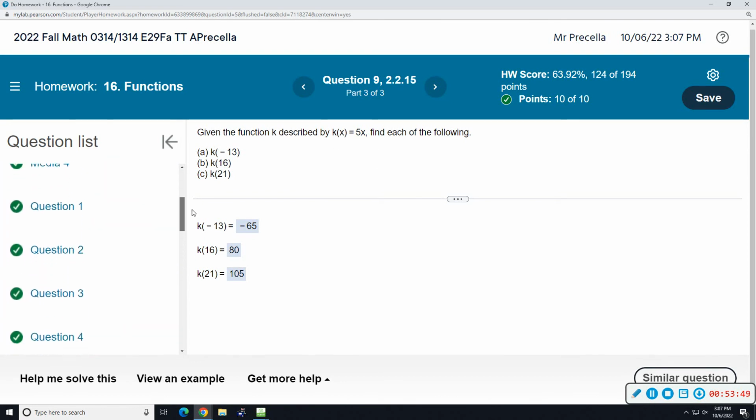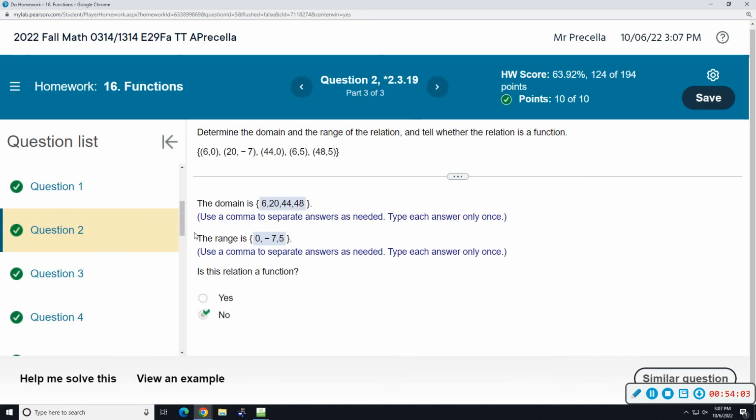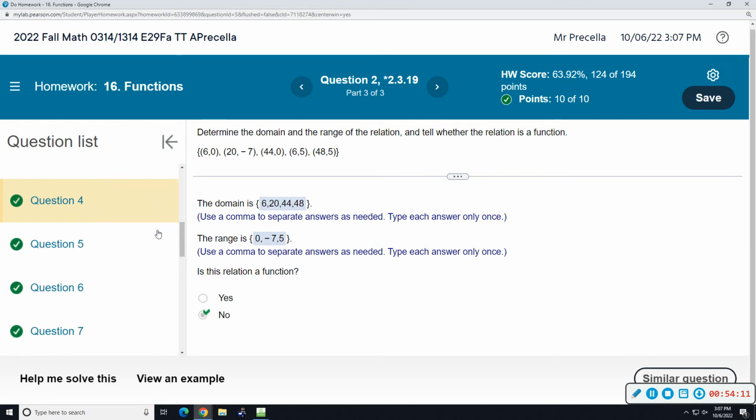It's pretty easy to find the domain and range when you're given a set of ordered pairs. Now, if it's a graph, it takes a little bit more thought.